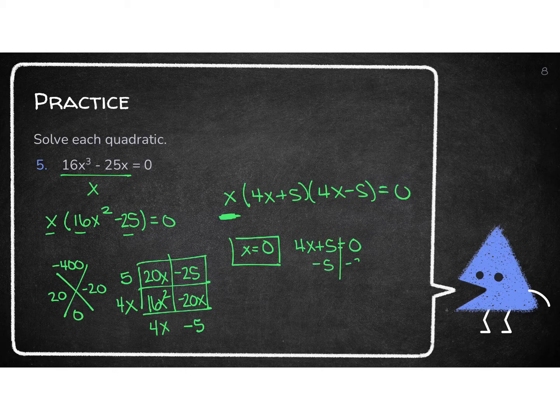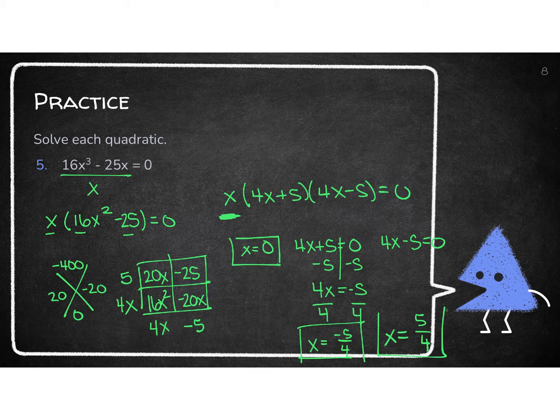So subtract 5, divide by 4, so x would equal negative 5/4. I know that then I could take this one, 4x minus 5, set it equal to 0, and that's basically going to give me the positive version of what I just solved. So I have 3 x's up here and 3 answers, so I know that I'm good.